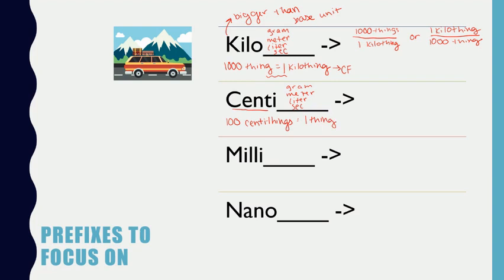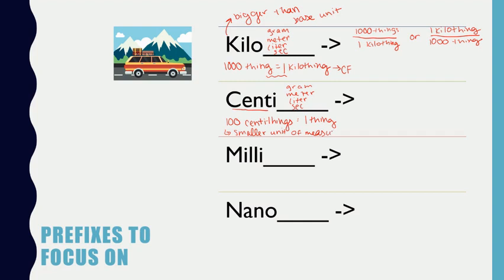So for every 100 centimeters, we have 1 meter. For every 100 centiseconds, we have 1 second. So this is going to be a smaller unit of measurement because we need more of them to equal one thing.